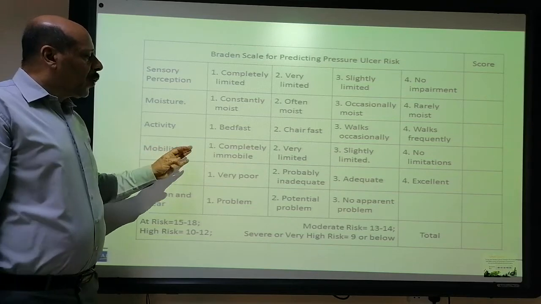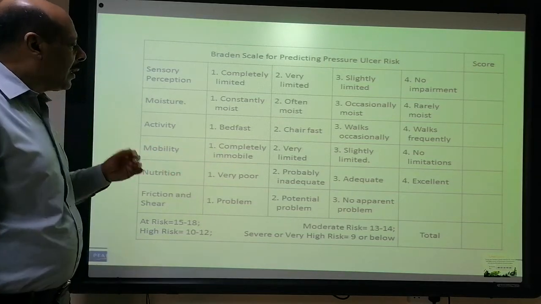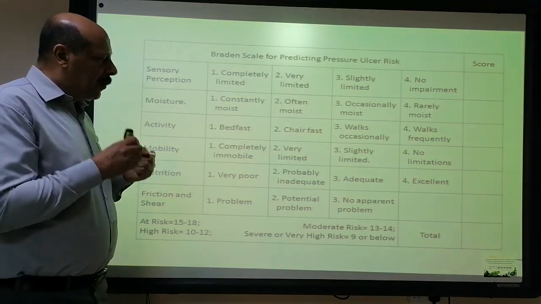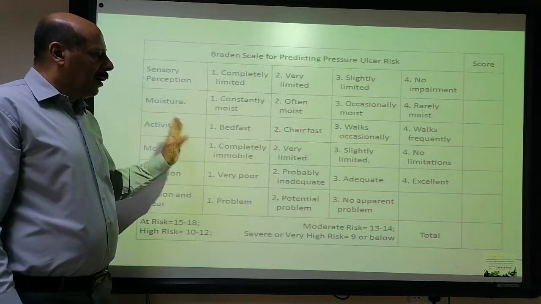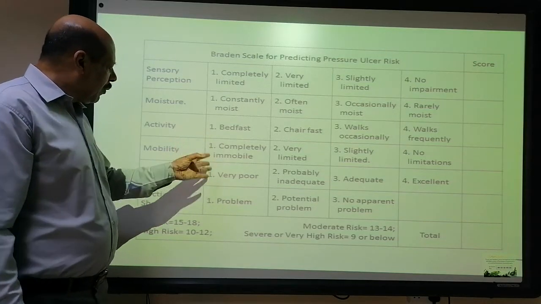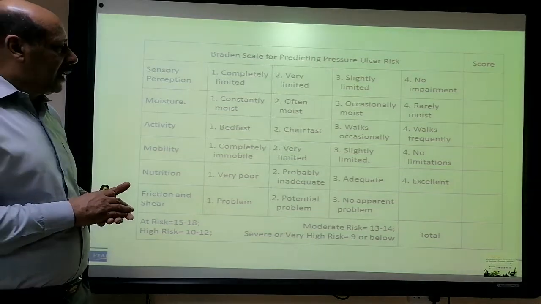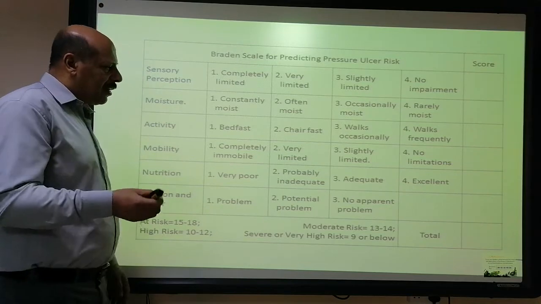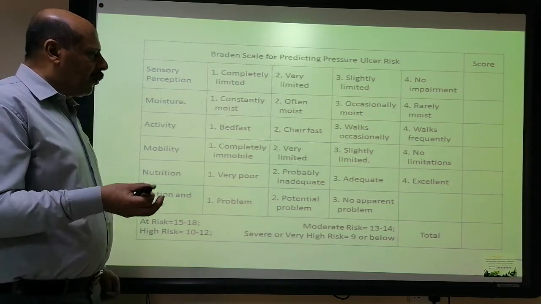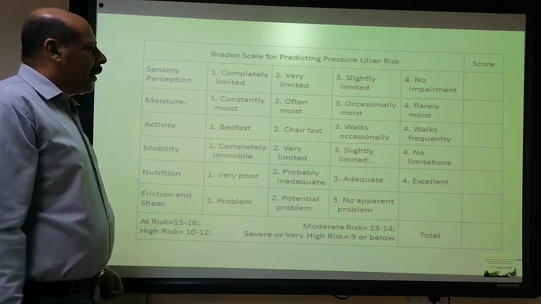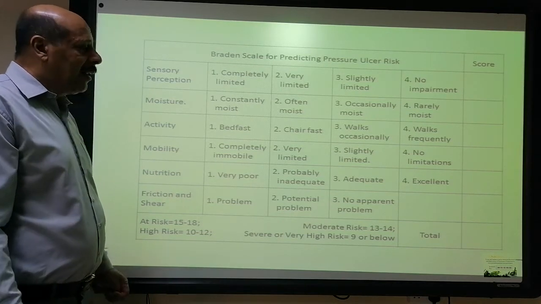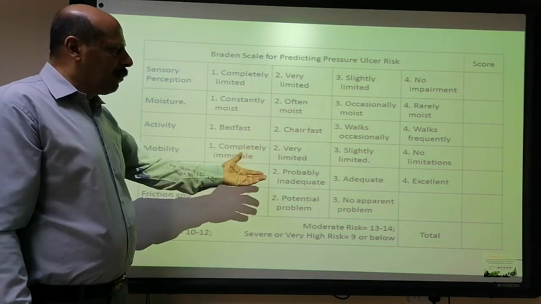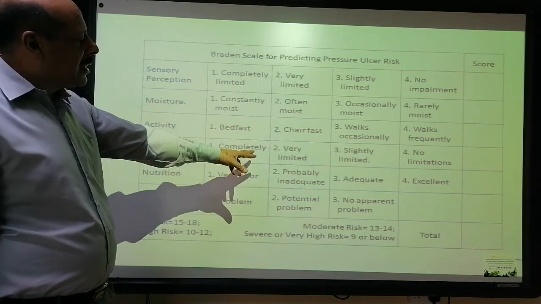About mobility, if there is complete immobility, so he will not be able to move any part of his body, he might be unconscious, in this case he will get only 1. If he has limited mobility, either due to weakness, or limitation of movement due to pain, or due to disease that prevents him from moving, in this case he will get 2.